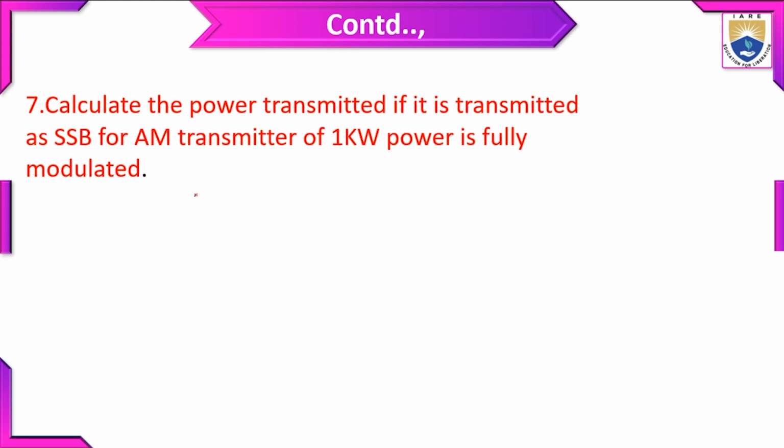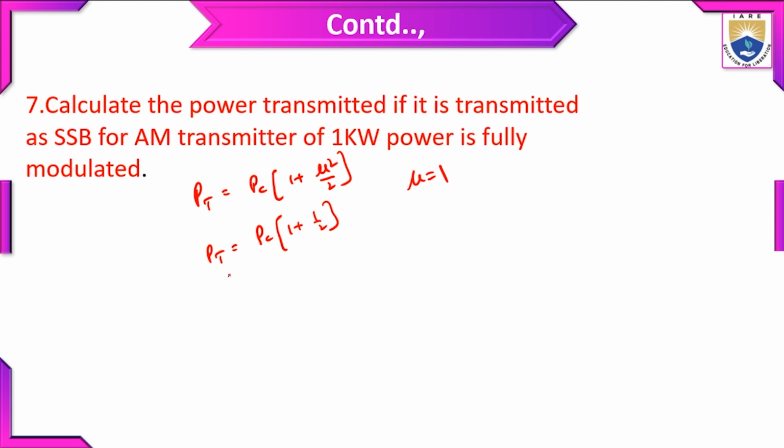So same formula: PT is equal to PC into (1 plus mu squared by 2). Here PT is 1 kilowatt and mu value is 1. So let us substitute: PT equals PC (1 plus 1 by 2), so it is 1.5, or you can take it as 3 by 2.